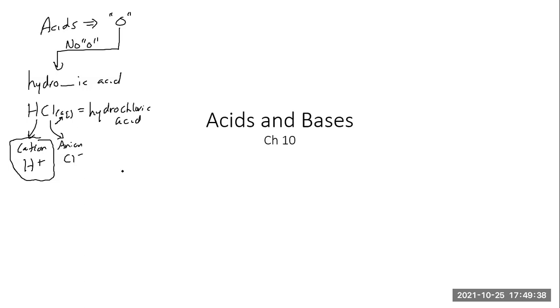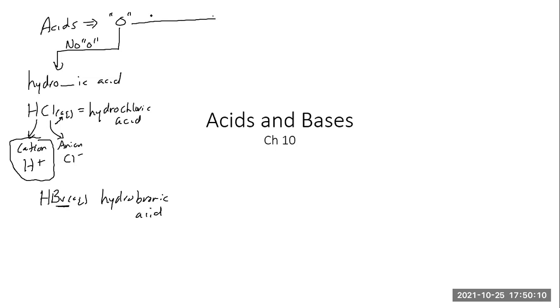Similarly, HBr is an acid with no oxygen in the formula, so this would be hydro, then bromic acid. Only the acids that do not have oxygen get the hydro part of the name. People like to use hydro on everything, but it actually goes only on the special types of acids that do not have oxygen.